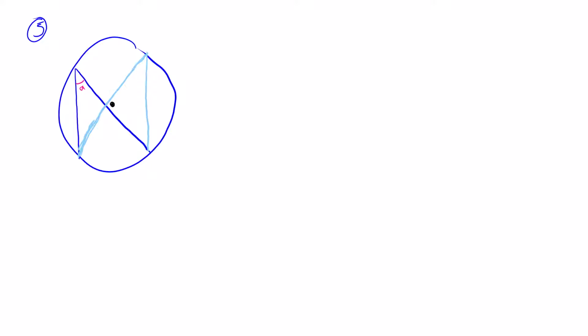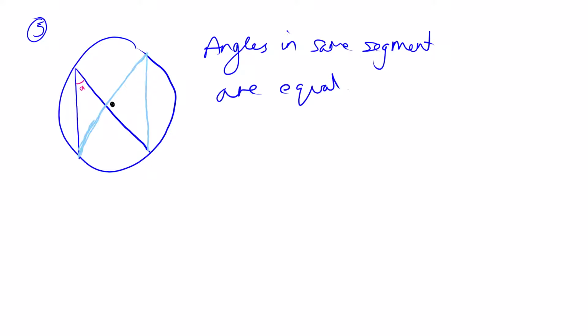And this theorem states that angles in the same segment are equal. So by that we can say that this angle here is A. The key point to notice here is that both the dark and light blue lines meet here and they meet here on the circumference.